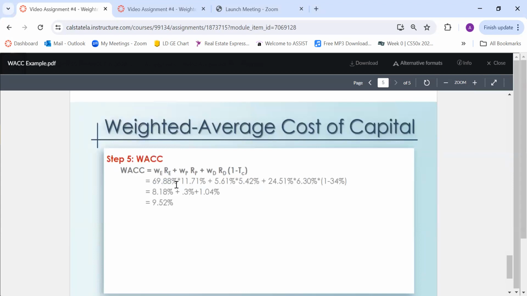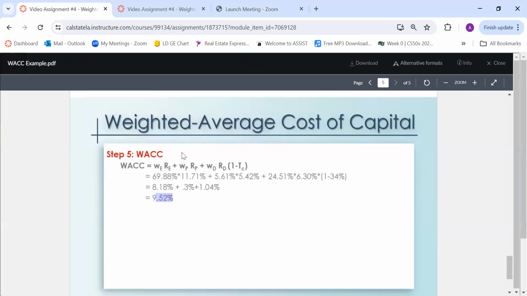As you can see, 69.88%, multiply that by 11.71, and then add 5.61%, multiply that by 5.42 for preferred, and then add 24.51%, multiply that by 6.3% for debt, and then we implement our tax rate here. So 1 minus 34%, we're going to come out with a total of 9.52% for WACC, weighted average cost of capital. And that's all.